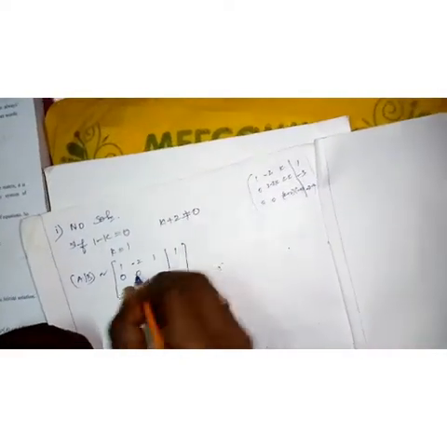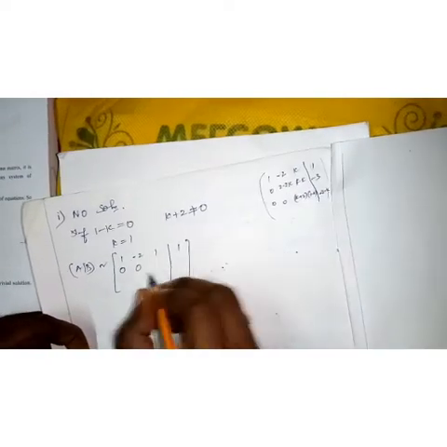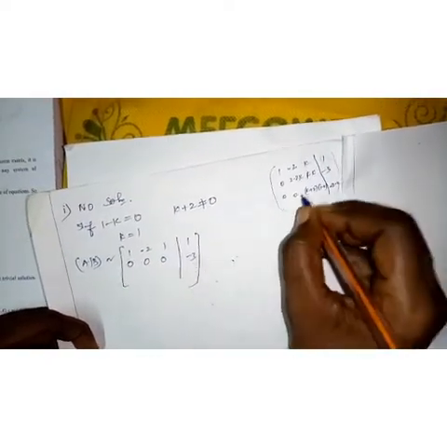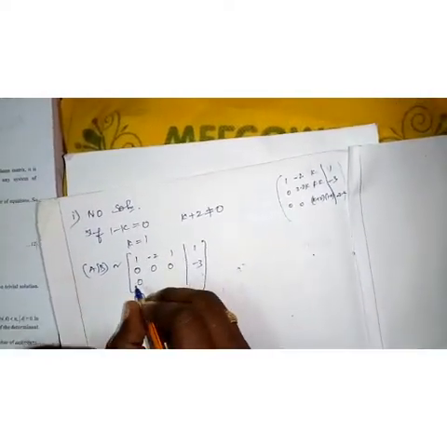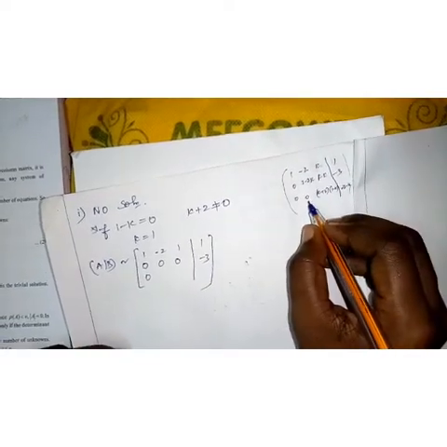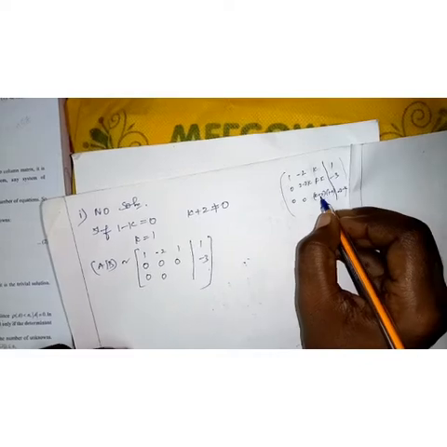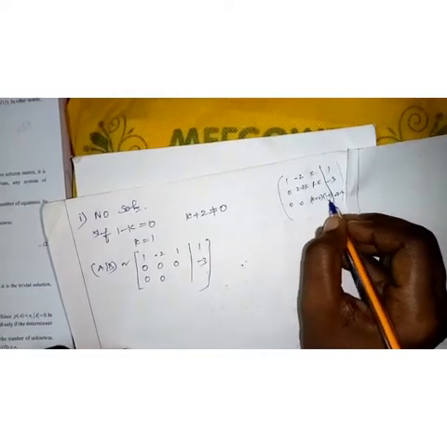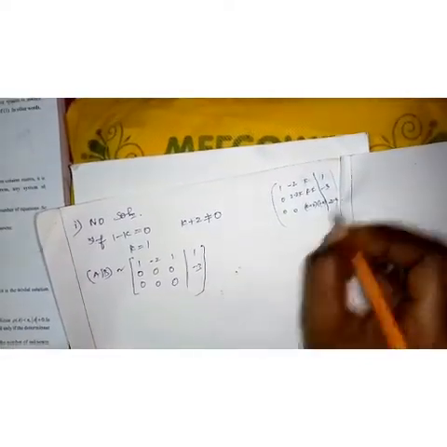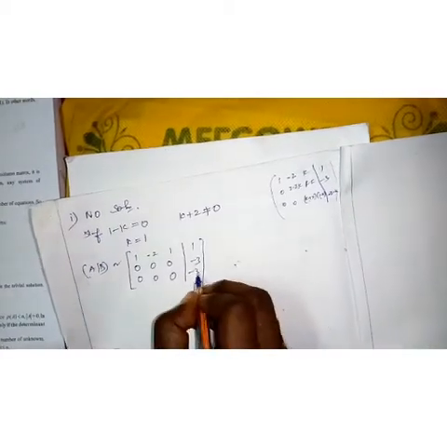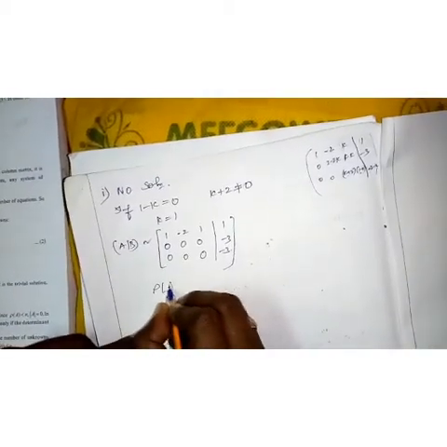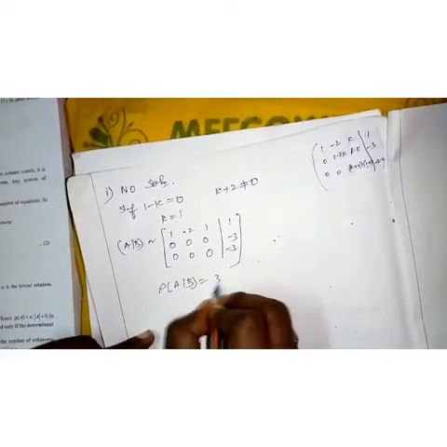Here 0, 0, minus 3. This is 0, 0, and 3, 0, 1 means minus 3. Now you tell me what is the rank of A bar B: equal to 3.